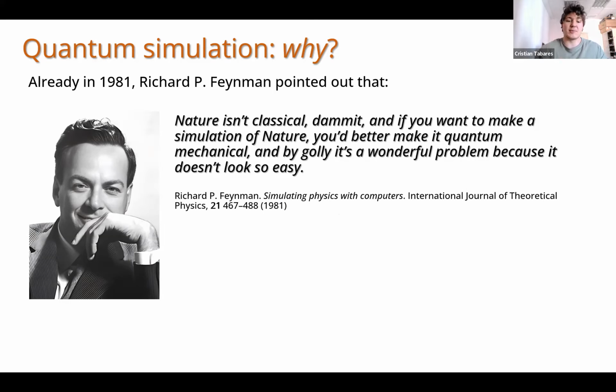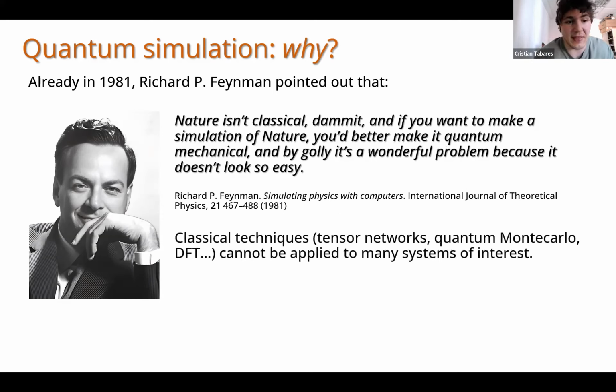But this is more or less the motivation. If the quantum simulator, the quantum computer, already has these rules implemented, why don't we use it to do this quantum simulation? The thing is that in general, the classical techniques to simulate quantum systems, such as tensor network techniques, quantum Monte Carlo, or DFT, cannot be applied to many systems of interest.